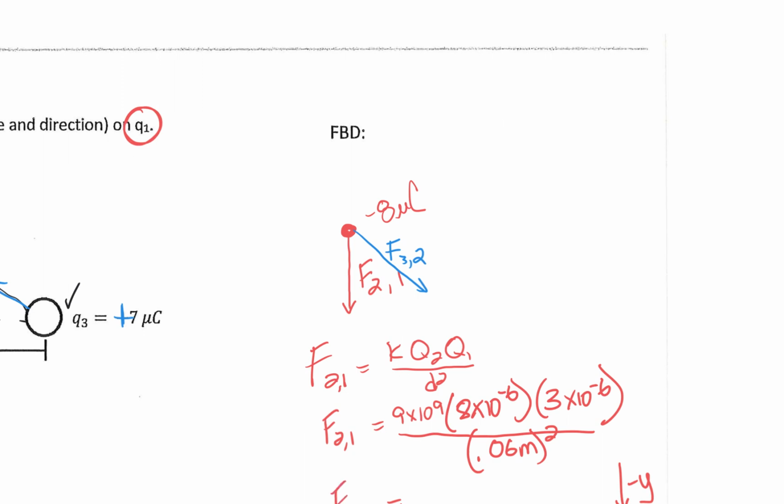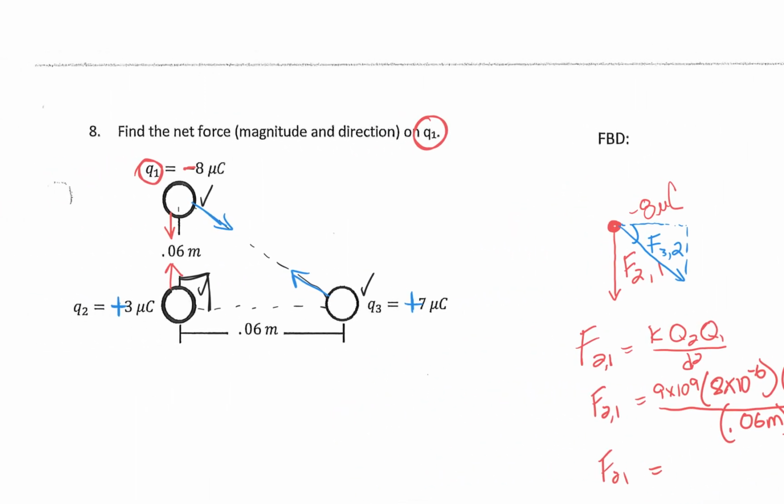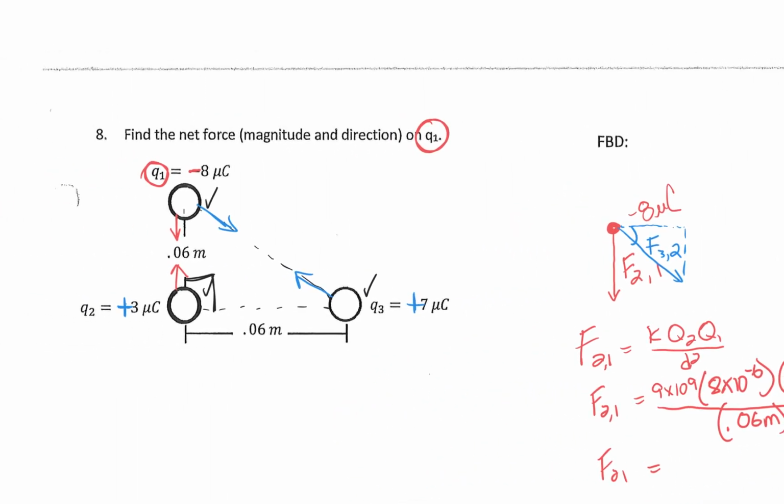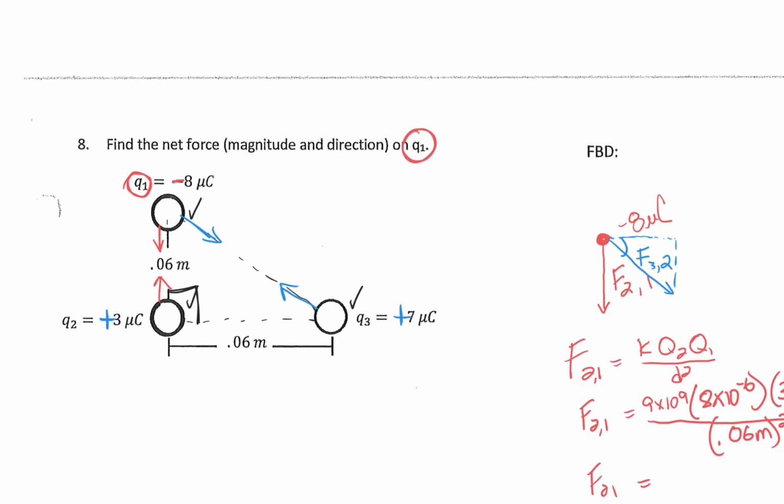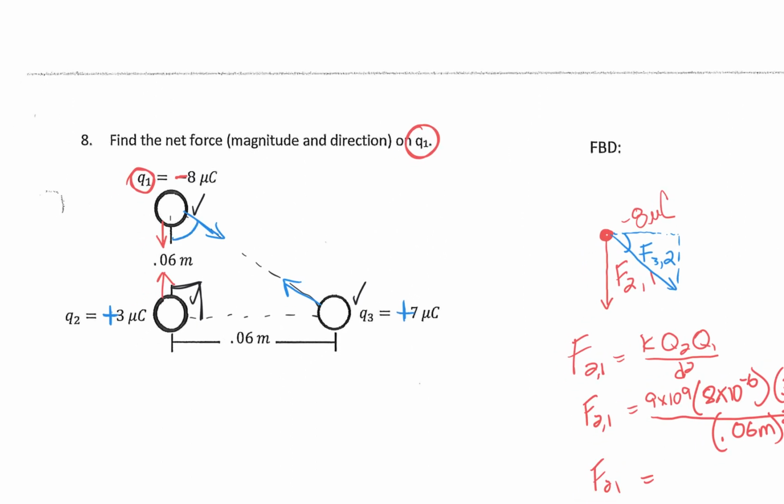But the blue force, on the other hand, is a little bit more tricky. The blue force is at a 45-degree angle relative to the horizon. And we know that because the triangle has a 0.06 and a 0.06 for the two legs. So if you have the same side there, you know that this must be 45 degrees.